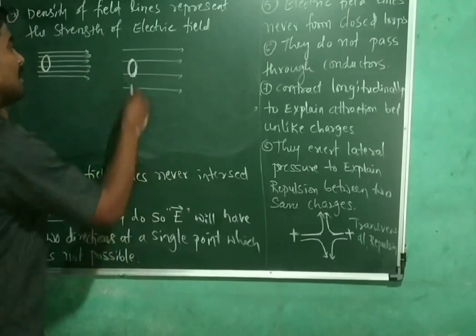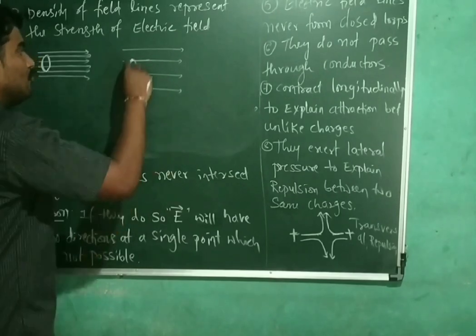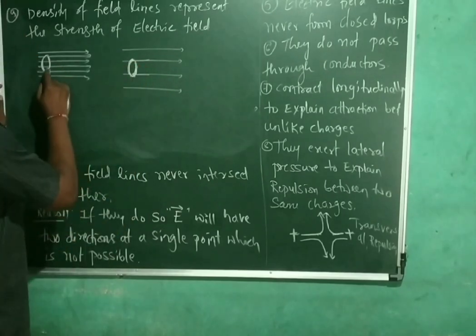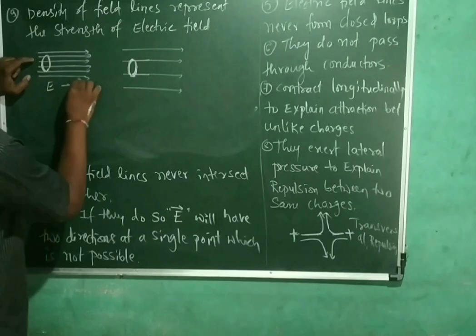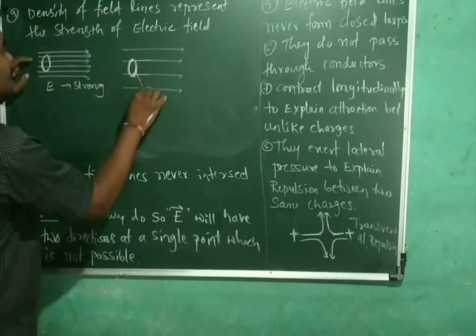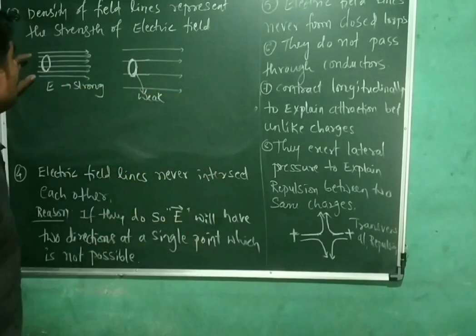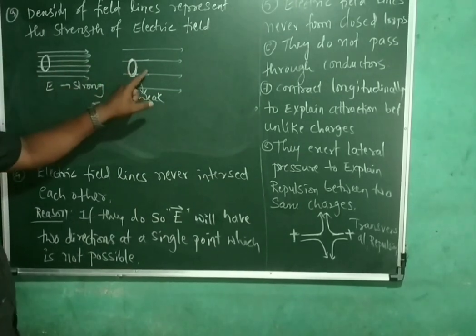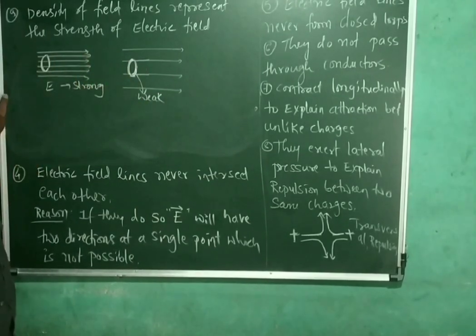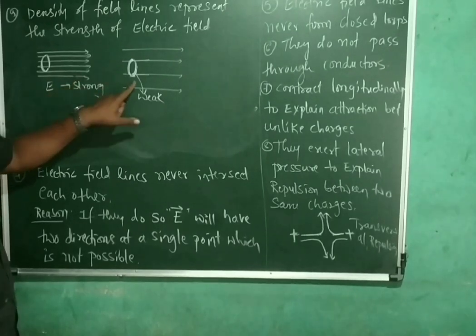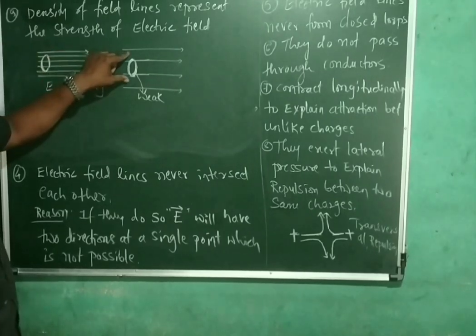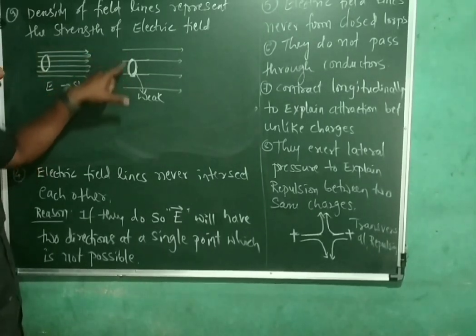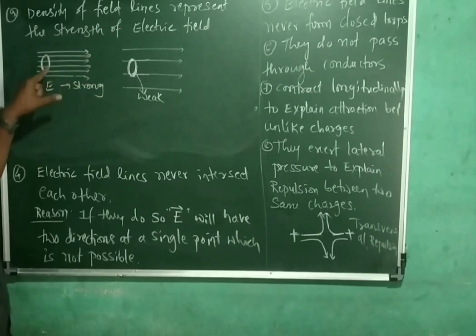Here two electric field lines are crossing through this cross sectional area, and here 1 2 3 4 electric field lines are crossing through this cross sectional area. It means at this point electric field is strong and here it is weak. Both of these are uniform electric fields. But here the electric field is stronger and here it is weaker, because the density is less here, the density is more here. Understood?